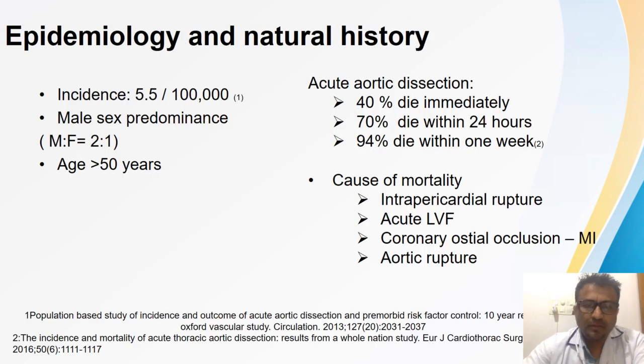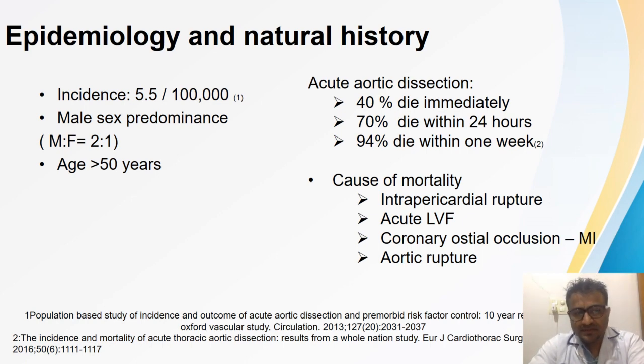On the epidemiology and natural history, it's a very lethal condition, with an overall incidence of up to 5.5 per 100,000 population, and male sex predominates in aortic dissection. The overall age of presentation is more than 50 years.